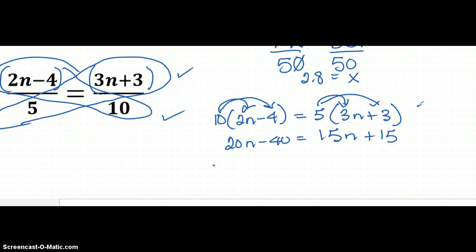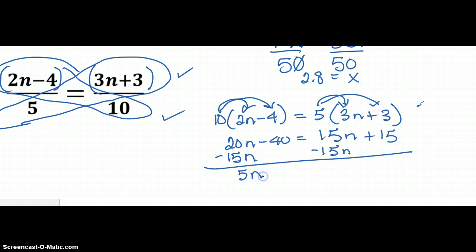Okay, now I can only have n's on one side and whole numbers on the other, otherwise I cannot solve this equation. So I'm going to go through and get n's on one side, whole numbers on another. I'm going to go ahead and subtract 15n from this side. It doesn't matter in which order you do this, but I try not to get negative numbers, and I try to keep things easier for myself.